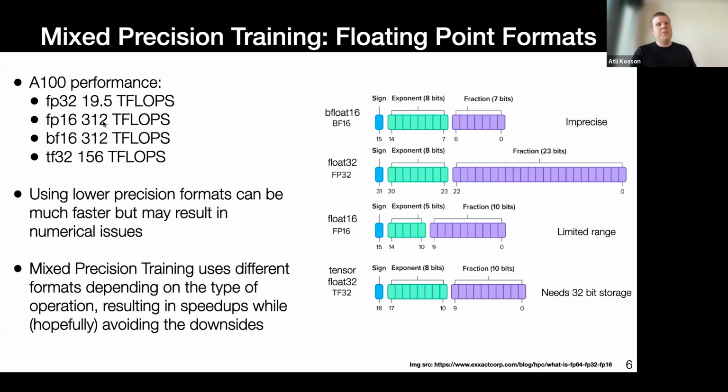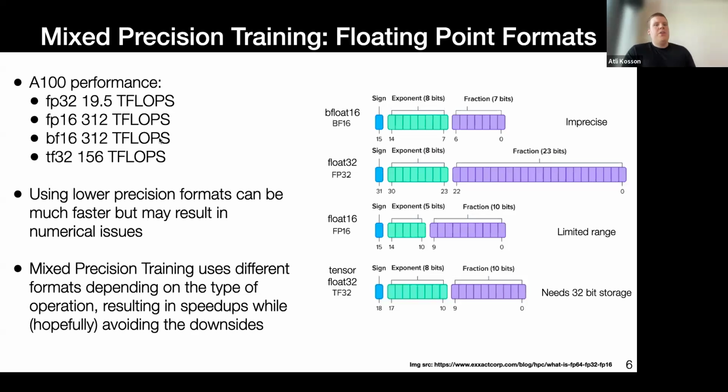You have 23 of them. But if you use this, which is what you would get by default, unless you do something about it, you can only get 20 teraflops, compared to if you use these lower precision formats, you can get 300. So like 15 times more just by switching to a low precision format.